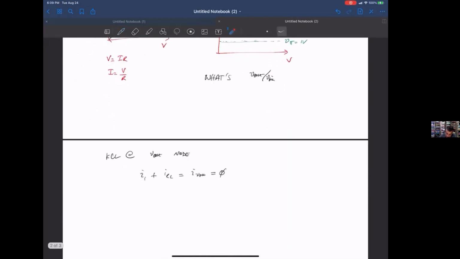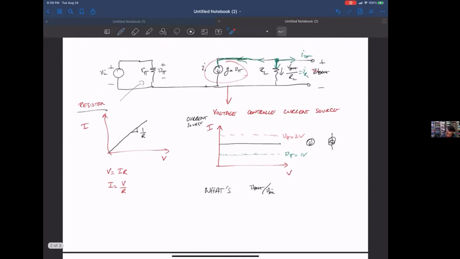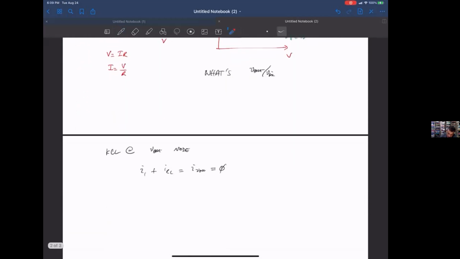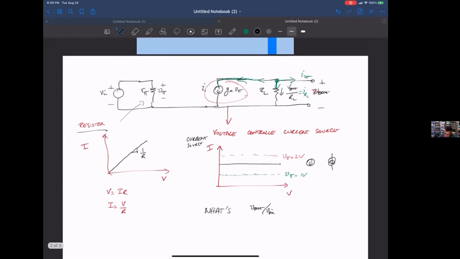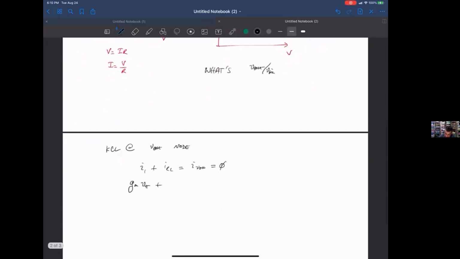Now let's start plugging in numbers for this. I1 is this guy, which is G sub m V sub pi. I'm just going to write that down. And I at R sub L is just V out over R sub L. So these two are equal to 0.